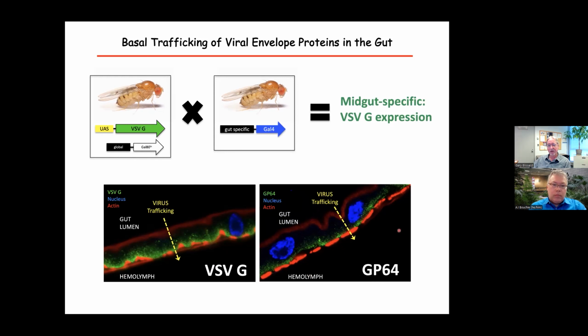That means the proteins have all the information they need to interact with the machinery of the cell to get to the right place. That opens up a large world to us. We can now screen for host genes that are important, and we can also look at signals in the viral proteins that direct this trafficking.